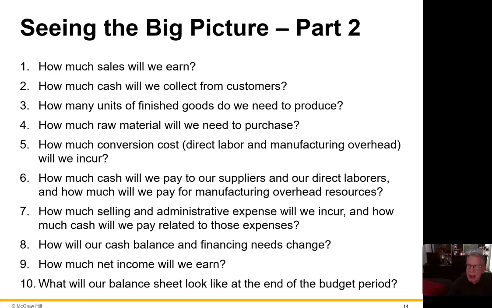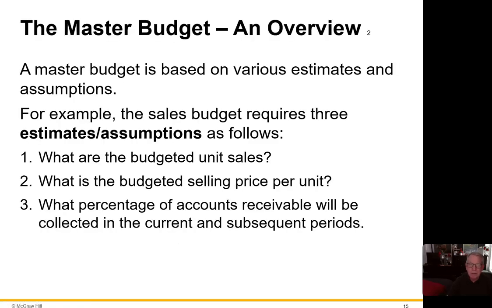And how much cash will we pay related to those expenses? And number 8, how will our cash budget balance and financing needs change? And number 9, how much net income will we earn? And number 10, what will our balance sheet look like at the end of the budget period? Quite a few questions. Okay, so the master budget provides answers on that.